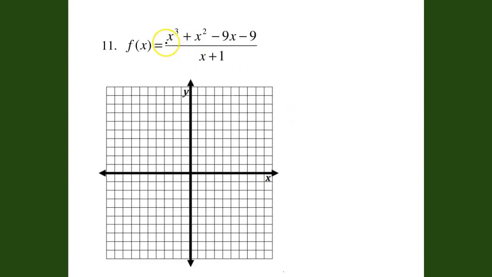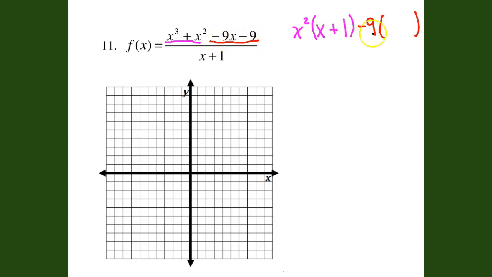But if you look carefully here, you can see that these two have a common factor, right? Take out an x squared. Left with x plus 1. And the second two have a common factor. They both have a negative 9. So we can take out a negative 9 from both of those. And remember, these need to match.